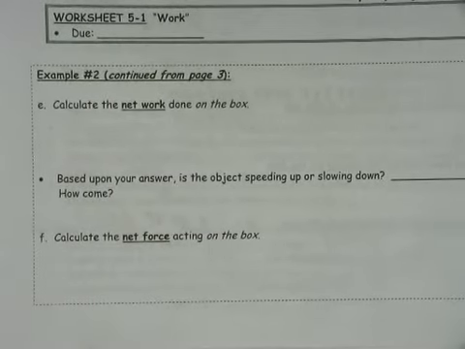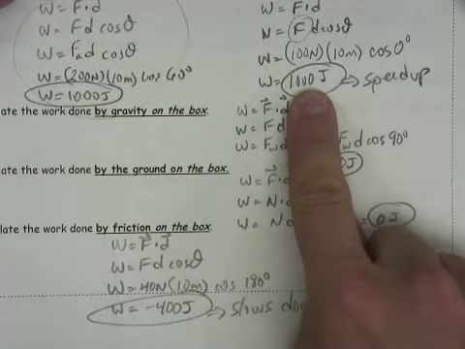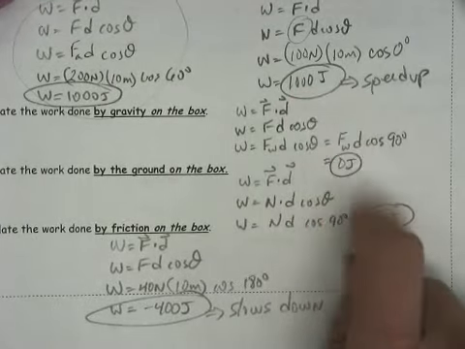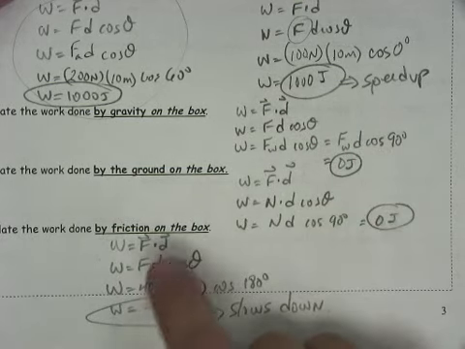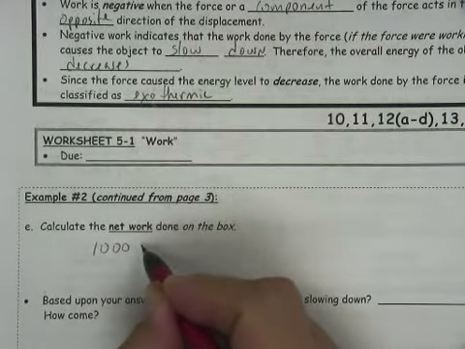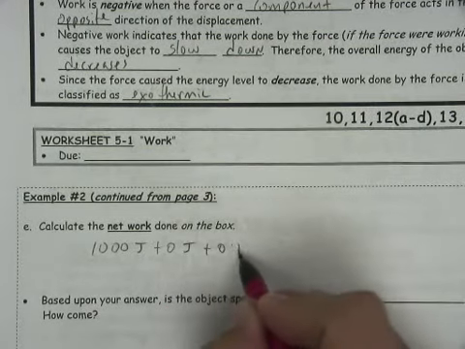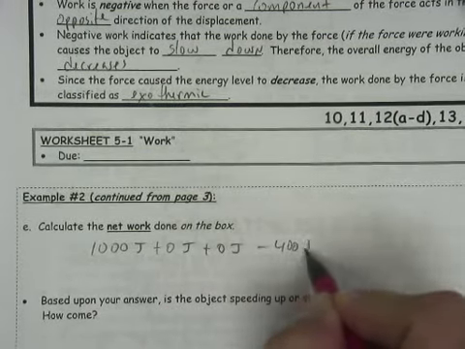So calculate net work done on a box. We just calculated the work done on the box individually. Now we're going to calculate the net work, and this one's easy to do. So we have work done by the person pulling it, no work done by gravity or the ground, and then negative 400 done by friction. So let's put all those together. If we want the net work, that would be 1,000 because of the person, plus 0, plus 0, minus 400 joules.